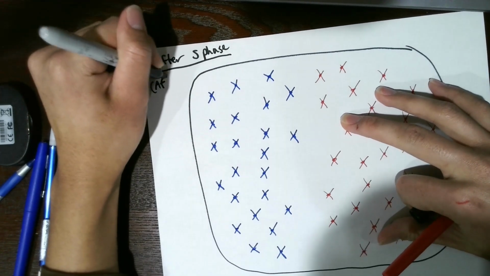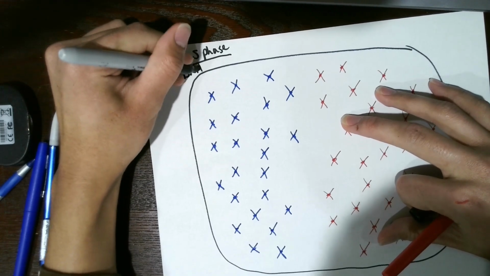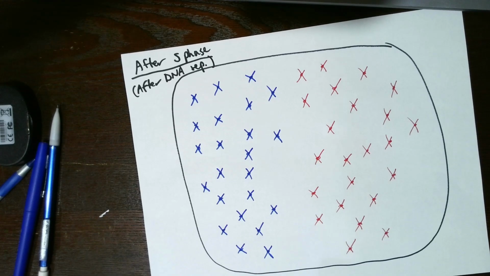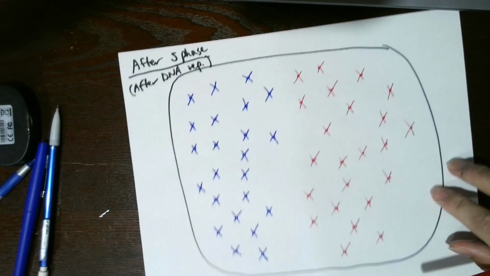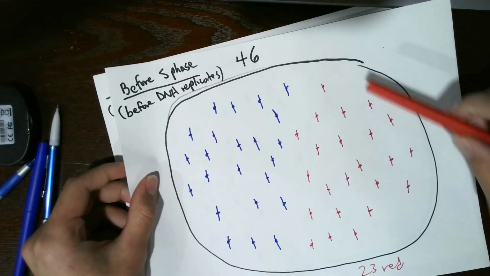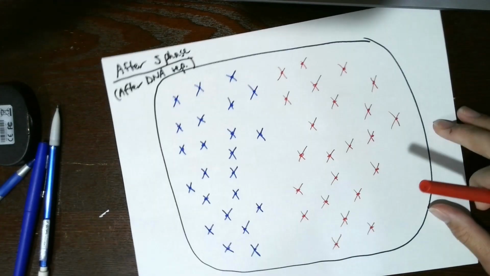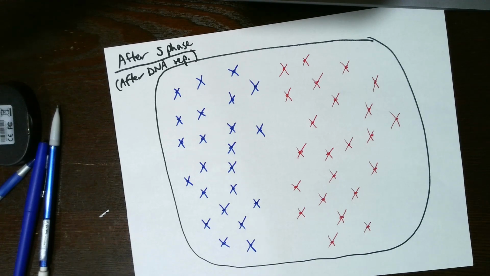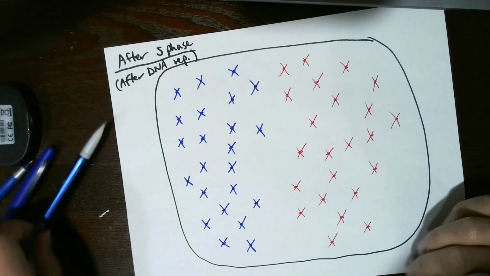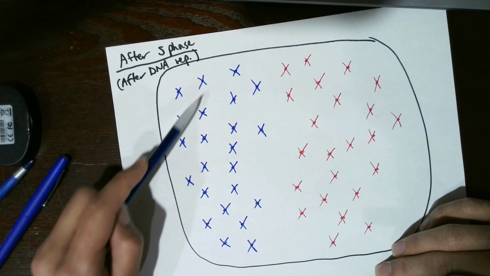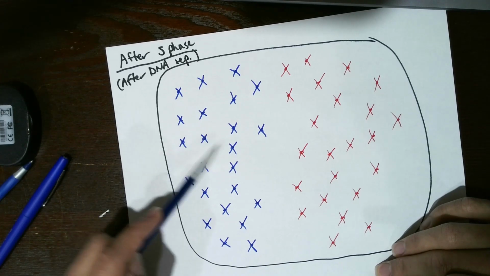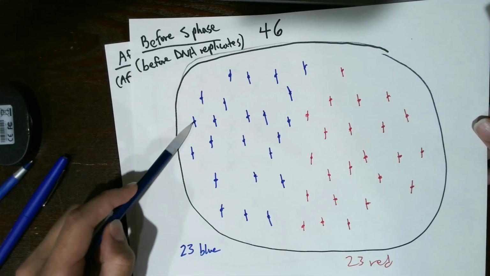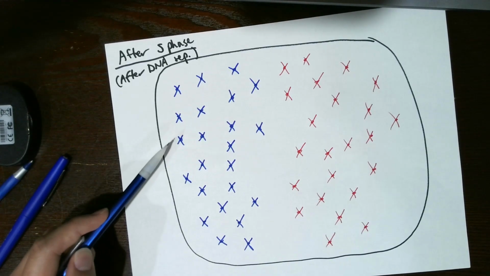So if you notice, before we replicated, it just looked like little toothpicks. Now it looks like little X's because the DNA copied itself during the S phase. But if we look carefully, you see how each one still has only one dot at the center? Just like before, each toothpick only had one dot, now each X only has one dot.